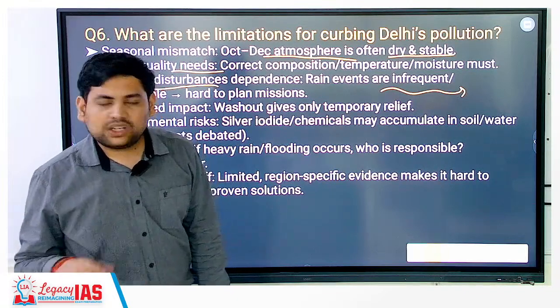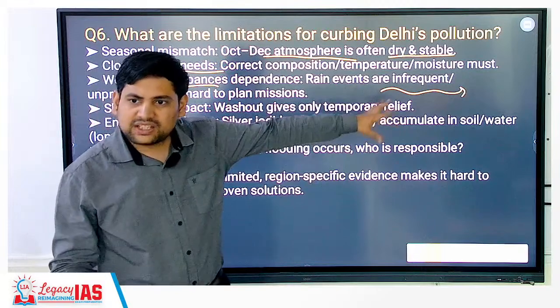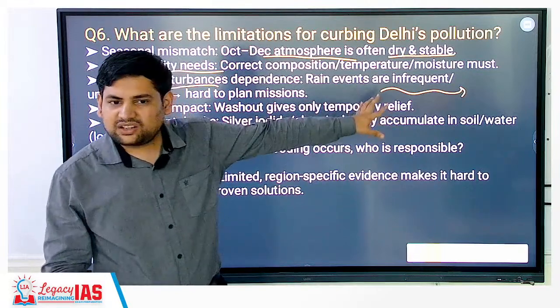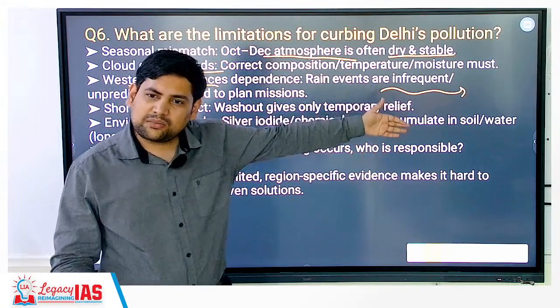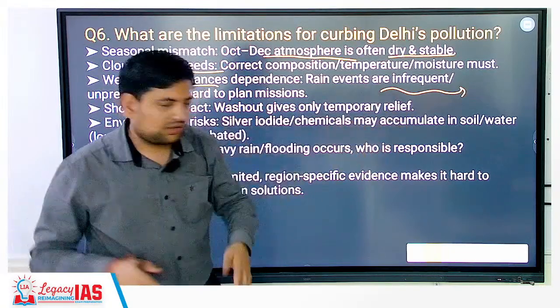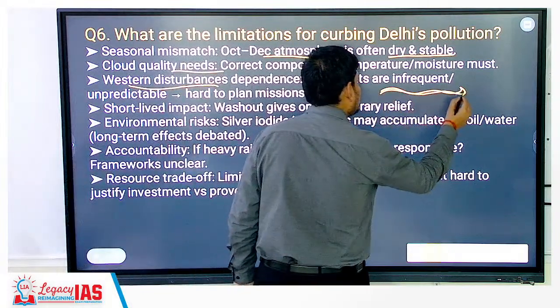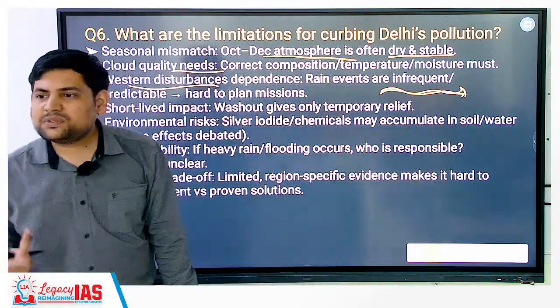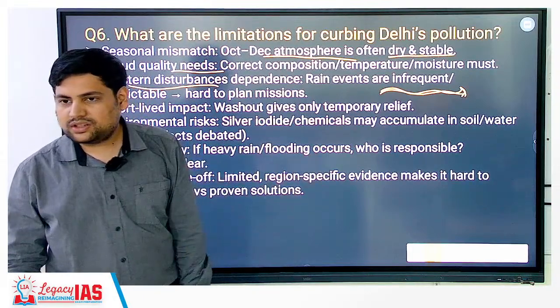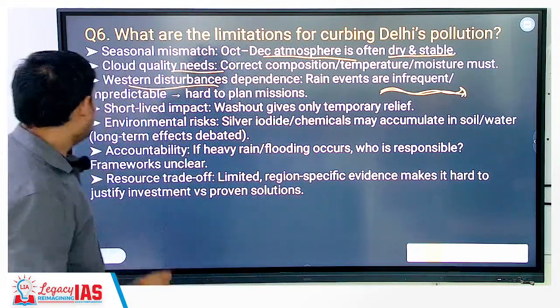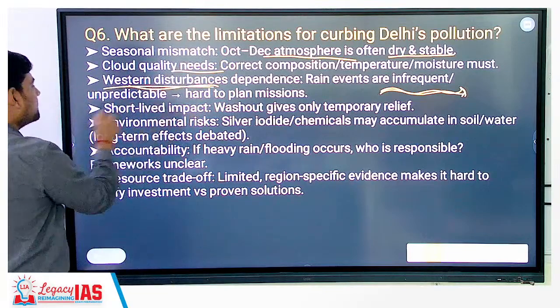Now the issue is that this wind is very erratic, so we are never able to guess when this wind will come and when it will stop coming. If we don't know when this wind comes and goes, it becomes very difficult for us to plan our cloud seeding process. So that is another issue. Western disturbances are unpredictable.